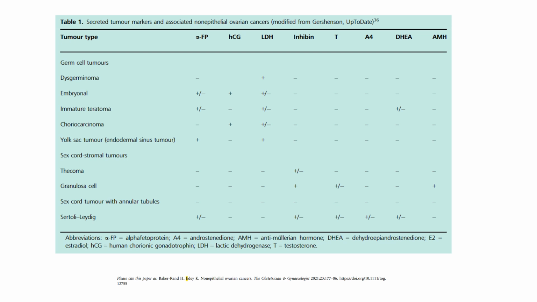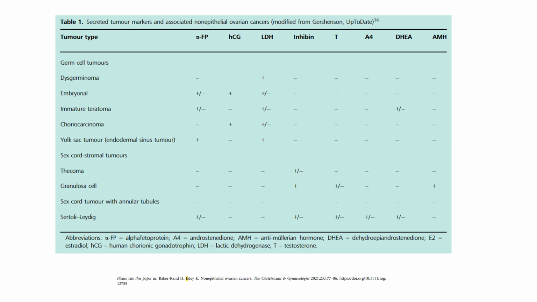Right, so this table talks about which tumor markers go up in which type of tumor. So dysgerminomas, you have raised LDH. Embryonal, you have raised HCG, plus or minus LDH, plus or minus alpha fetoprotein.